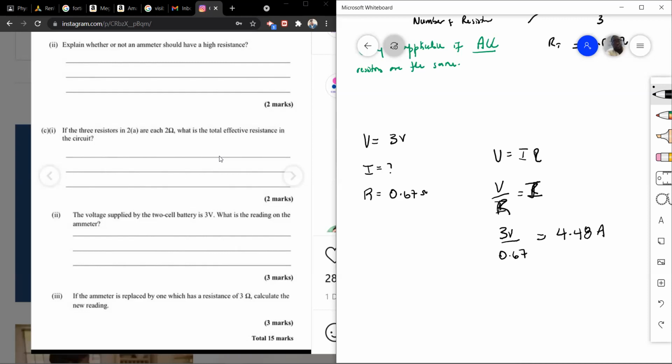So let's answer the question that they asked first, and then let's interpret what we think the question is. The question I'm looking at says, if the ammeter is replaced by one which has a resistance of 3 ohms, calculate the new reading. So essentially what they're telling me is that the ammeter itself has an internal resistance of 3 ohms.